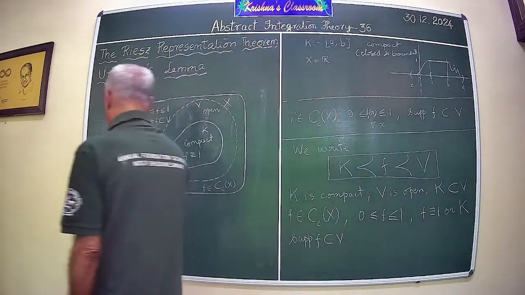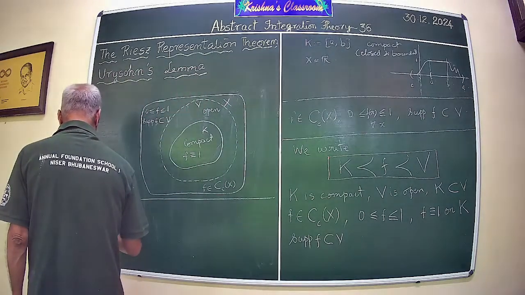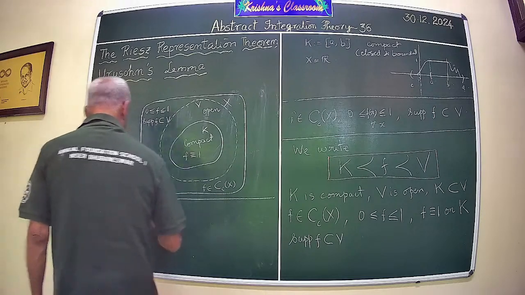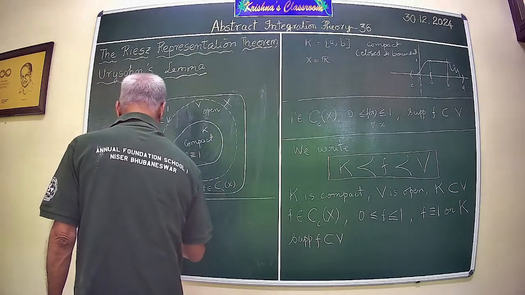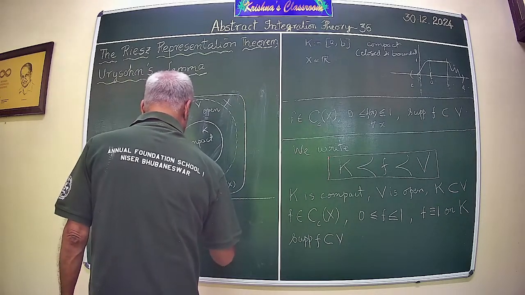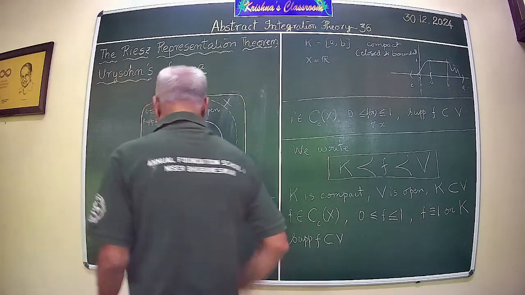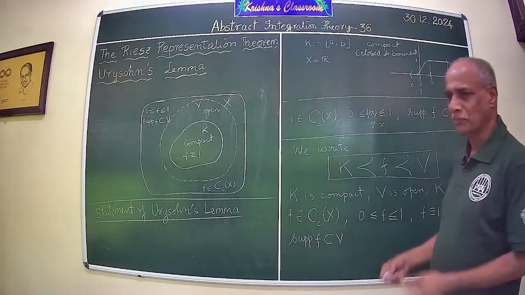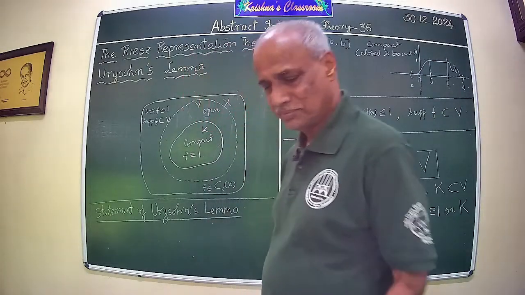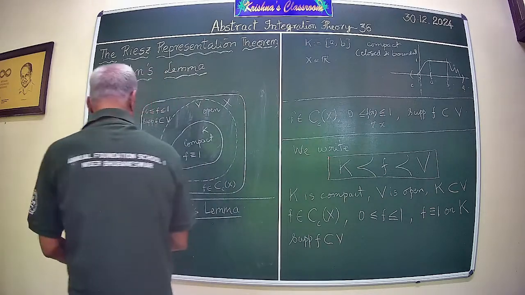So we'll now go to the statement of Urysohn's lemma. It's often called a lemma because its major role is as a supporting result. Okay. So the statement of the theorem is this.